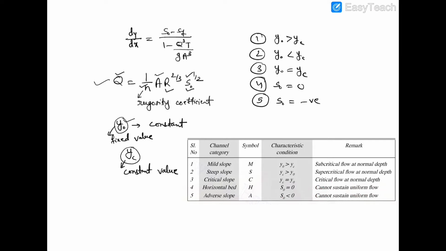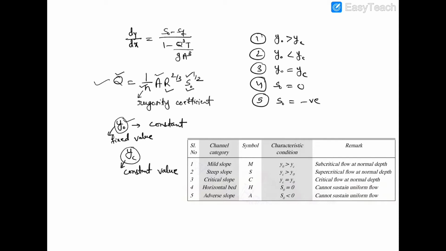What happens in case of open channel flow? The flow takes place due to gravitational force, and this gravitational force is induced due to the bed slope we provide in the channel. But in case of a horizontal bed, due to absence of the bed slope, the gravitational force which is responsible to cause flow is absent.